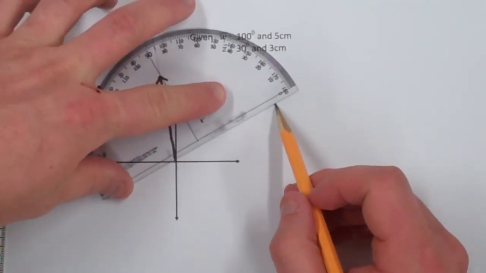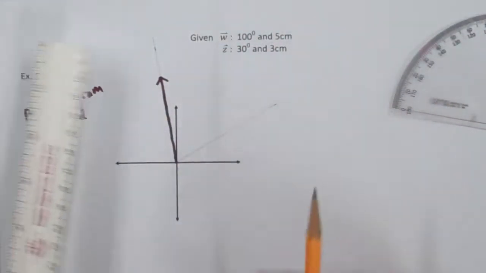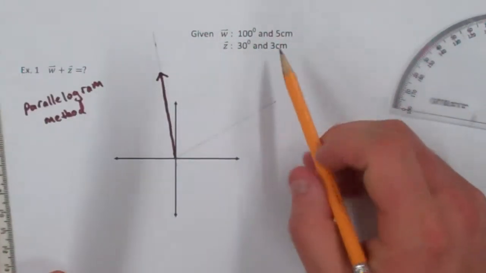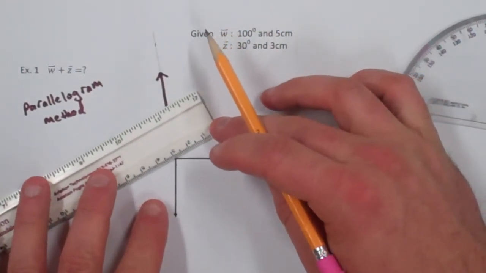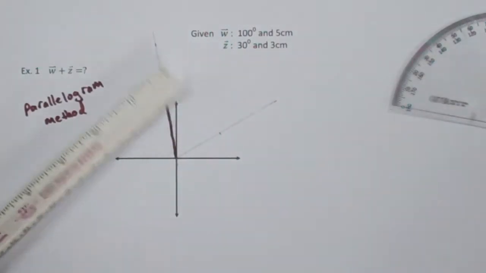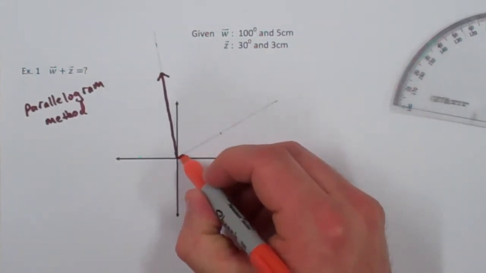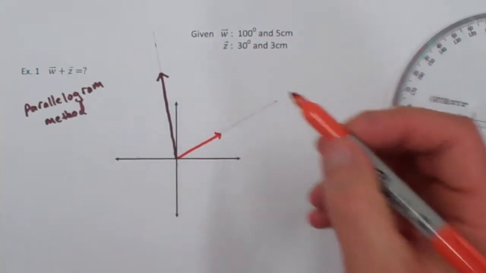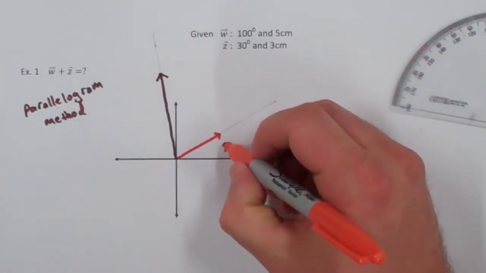We can draw ourselves a little guideline and then measure out, and this time it's going to be just 3 centimeters. This is going to be vector Z. And there it is, right about there. You can draw that right here in this direction. Okay, so this is vector Z.